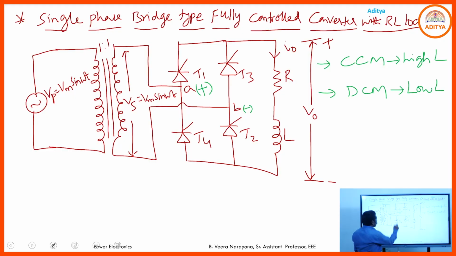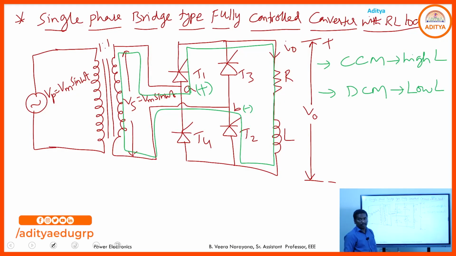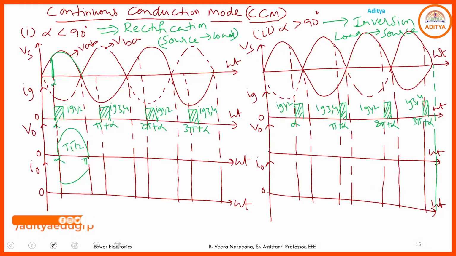The current flows through the circuit: A plus, T1, R, L, T2, B minus, and the secondary winding of the transformer. During that process, some energy must be stored in the inductor. That energy stored in the inductor is represented like this.